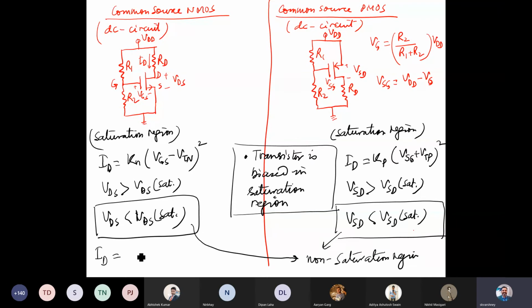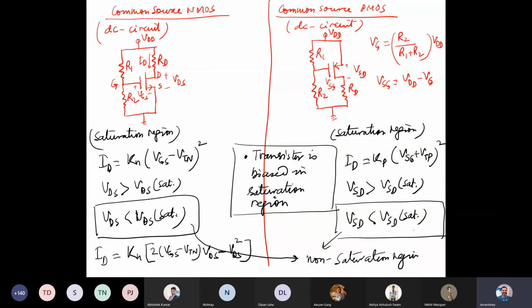That's Kn times twice of VGS minus VTN times VDS minus VDS squared for the NMOS. For the PMOS it is Kp times twice of VSG plus VTP times VSD minus VSD squared. Let's look into examples.